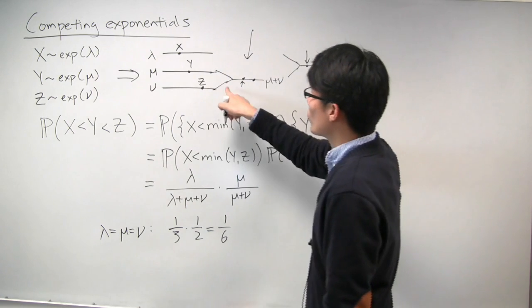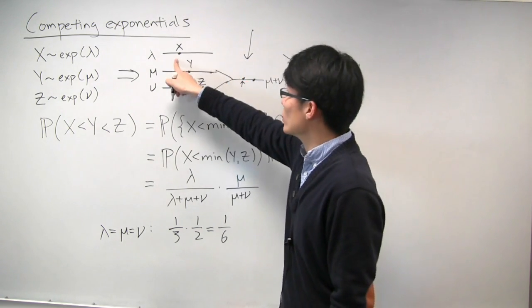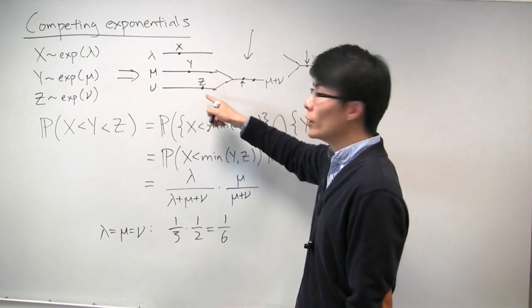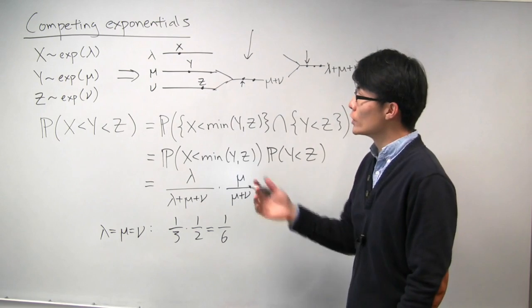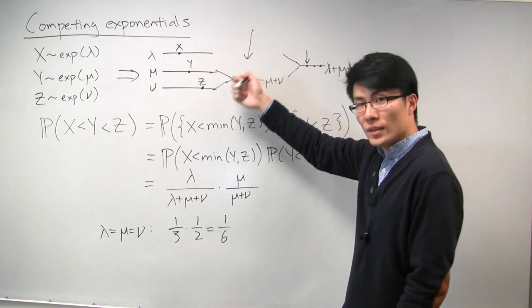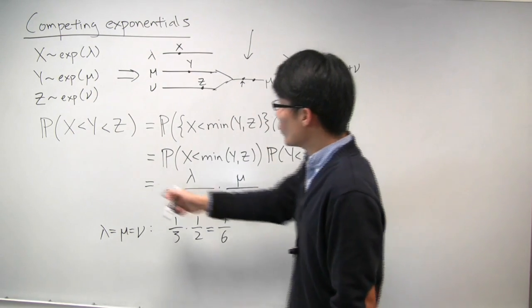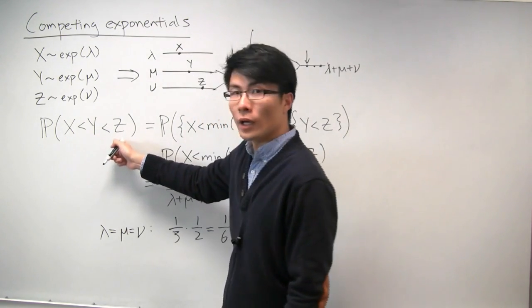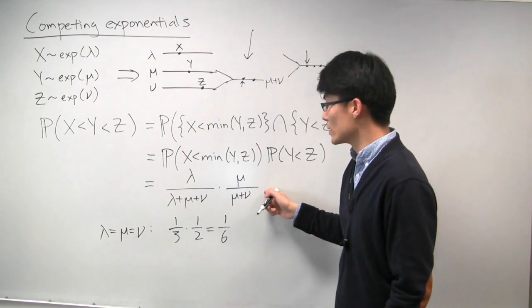How many orderings are there? There are 3 choices for who comes in first, 2 for who comes in second, and 1 for who comes in last, so a total of 6 possible orders in which these three contestants can finish the race. We want the probability of one of those outcomes, so it should be 1/6, and that's what our formula tells us.